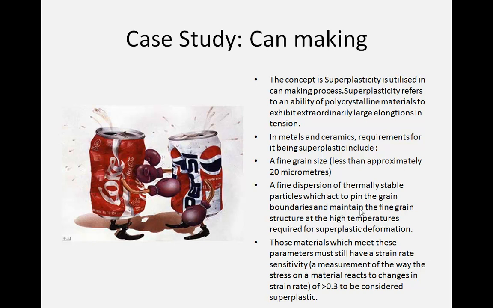So in this class we started with a case study. The case given to us was that of a can. Now in can making, the principle that is utilized is that of superplasticity.